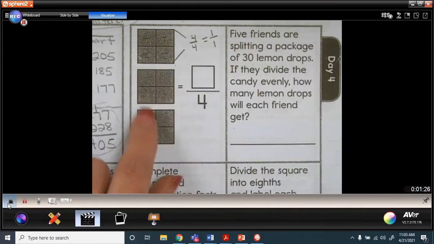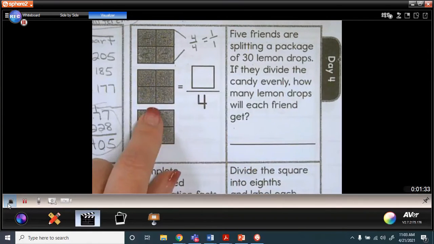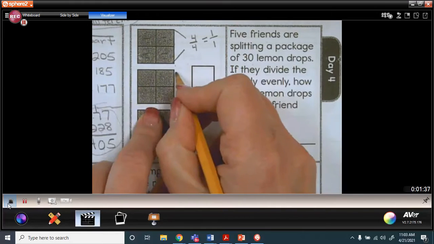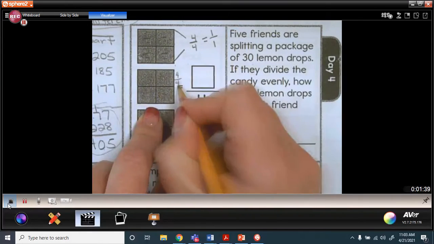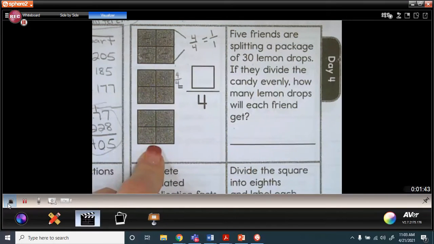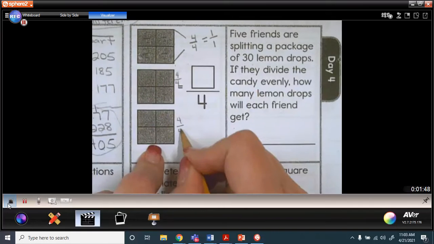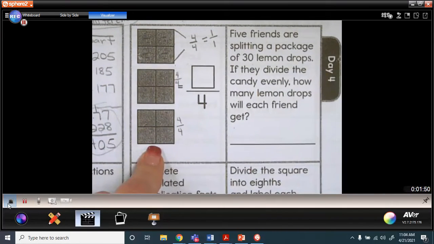Now, let's take a look at the next square. This 1 whole square has also been partitioned into 4 equal pieces. So that means we have another 4/4 for that whole rectangle. And if we look at the third rectangle, this whole rectangle has also been partitioned into another 4/4.